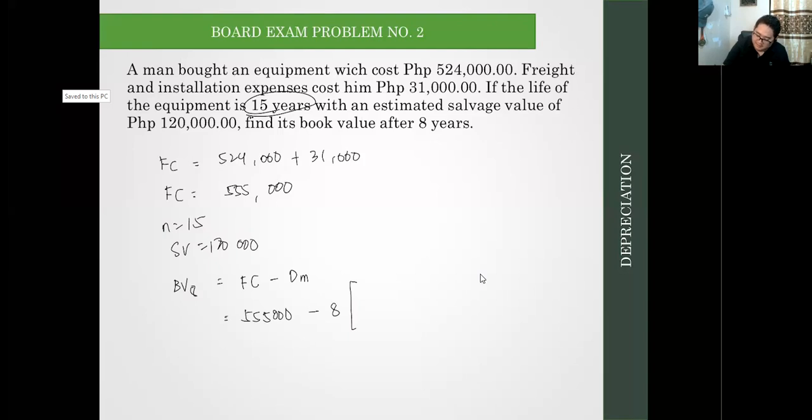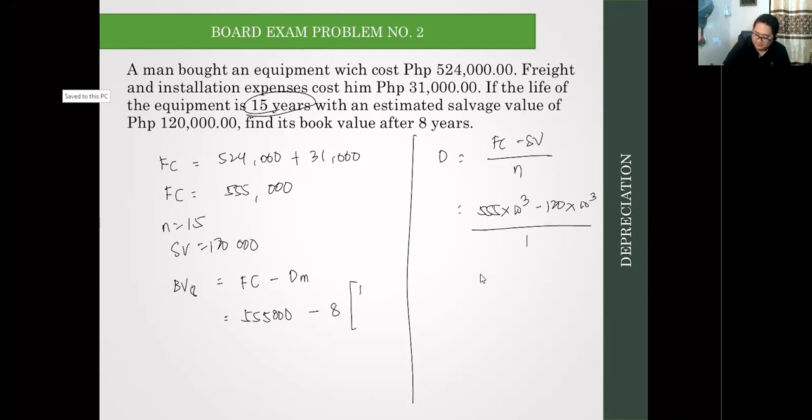So that is FC. Walay natin para hindi malito. So DM is equals to FC minus SB all over N. So that will be 555 times 10 to the 3 minus the salvage value natin na 120 times 10 to the 3 over 15 years.